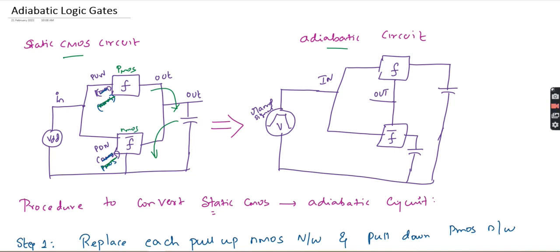Here the function is given as F and here is F bar. So this will be your F bar, where F bar is equal to (A·B) bar, as we have done for an AND gate or NAND gate.